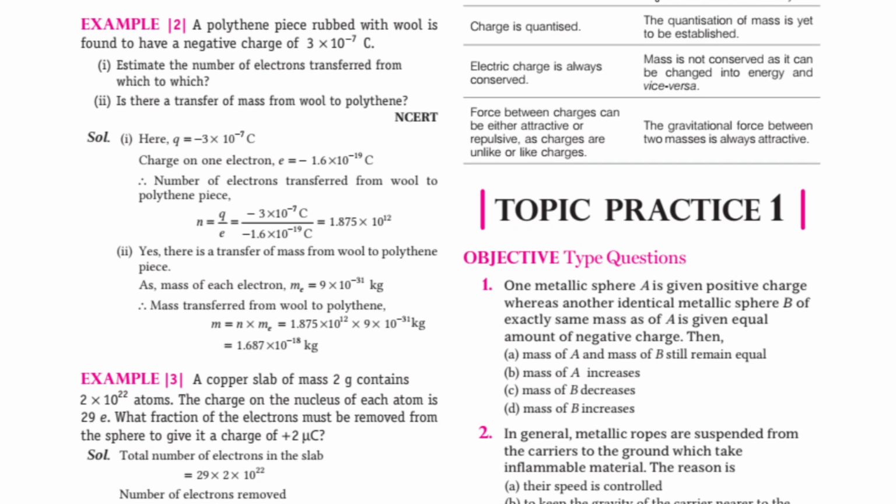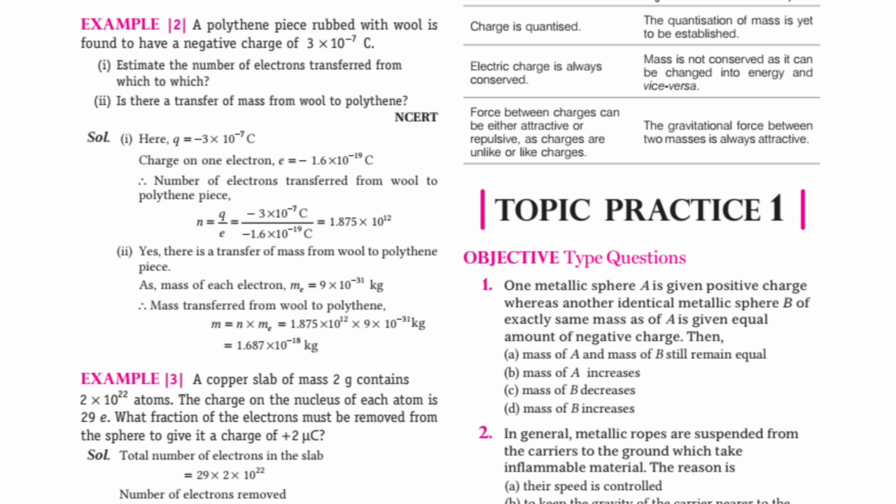So yes, there is a transfer of mass from the wool to the polythene piece, as the mass of each electron, that is me, is 9 into 10 raised to minus 31 kg. Then mass transferred from wool to polythene: we have the formula, total mass is equal to N into mass of each electron.